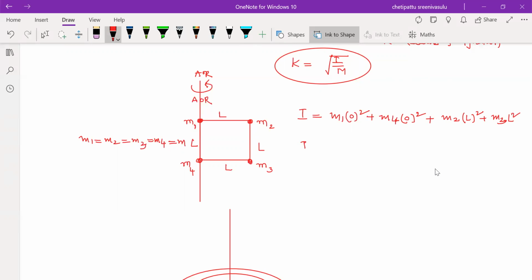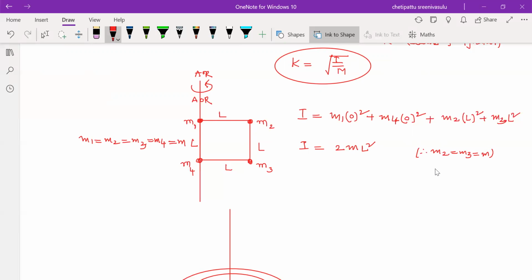So moment of inertia I equals 2 mL square, because these two terms are 0 and the remaining m2 equals m3 equals m. That's why the total is 2 mL square.